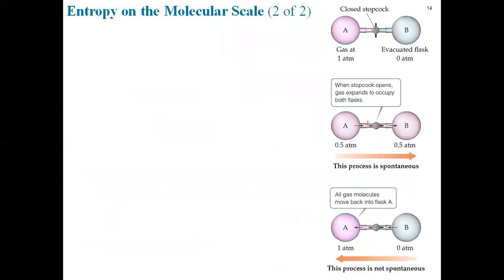So on a large scale, if we have one gas, one atm, which means we'll have an Avogadro number of gas particles. If you open the switch, the final state will be 0.5, 0.5. Where are those gas particles? Let's say you have one mole, which means one Avogadro number. Ideally, you will have half of the Avogadro number here and half of the Avogadro number here.